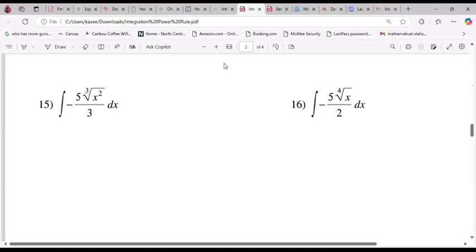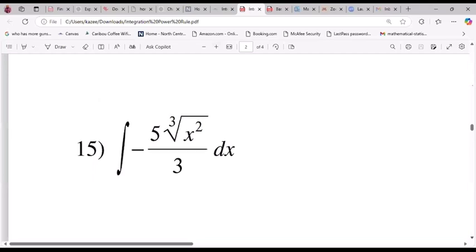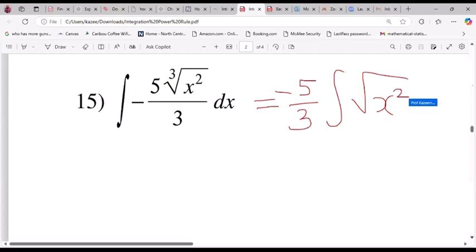Let me try to do question 15 so that you can try question 16 on your own. If I want to integrate this, I'm going to take out the constant, after the integral, and then I'm left with this in the integral, ds.